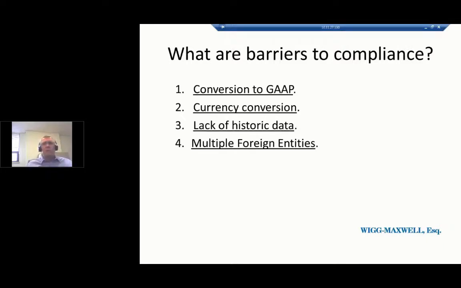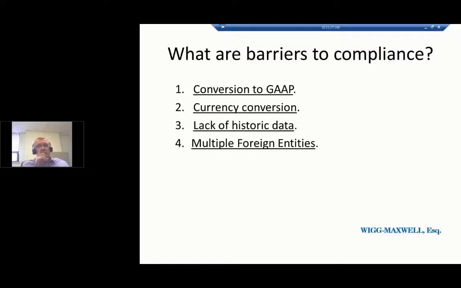Furthermore, one of the forms in the 5471 is a form that requires you to report related party transactions. So you're going to have to look at transfer pricing issues. If there are goods or services that are sold by the foreign corporation to a related U.S. party, you're going to have to do a contemporaneous transfer pricing study in order to be able to determine what is the proper price for those related party transactions.